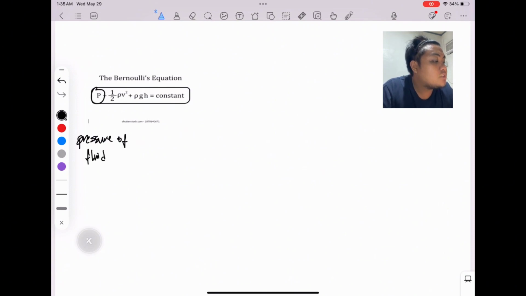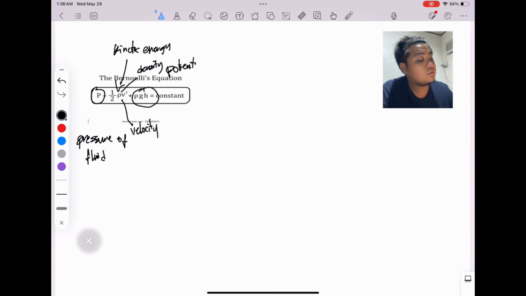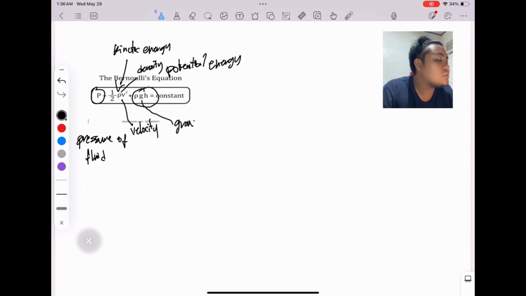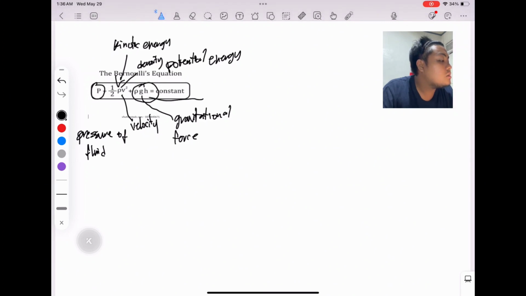The next term is just the kinetic energy. The rho is the density, and the v is the velocity. Next term is the potential energy. G here is the gravitational acceleration, and the h is just the elevation.